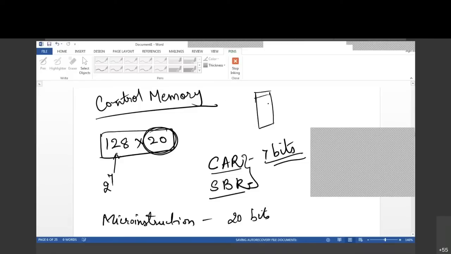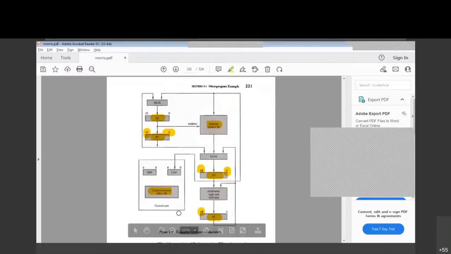It has 128 words, which is 2 raised to 7, right? So 128 words, each of 20 bits. So what would be the size of one instruction, one microinstruction? It would be 20 bits. Understood? After this figure, we'll be seeing the instruction format. Okay, so that is 20 bits.